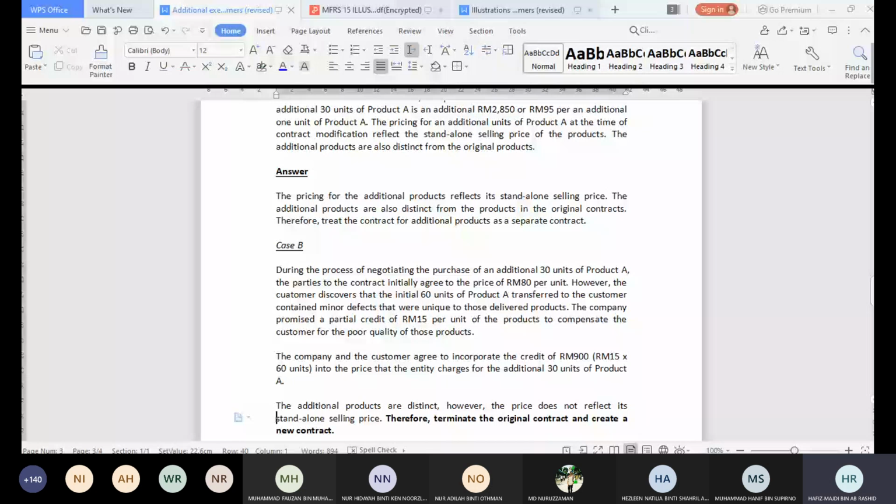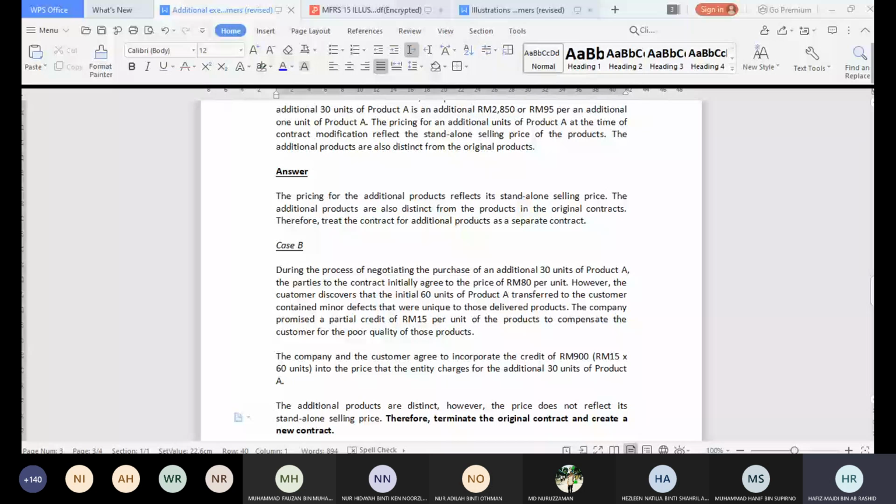Now there is a link already. Most probably you get that 80 ringgit because of this partial credit which needs to be paid by the company for the minor defects of the first 60 units of product A delivered to the customer.